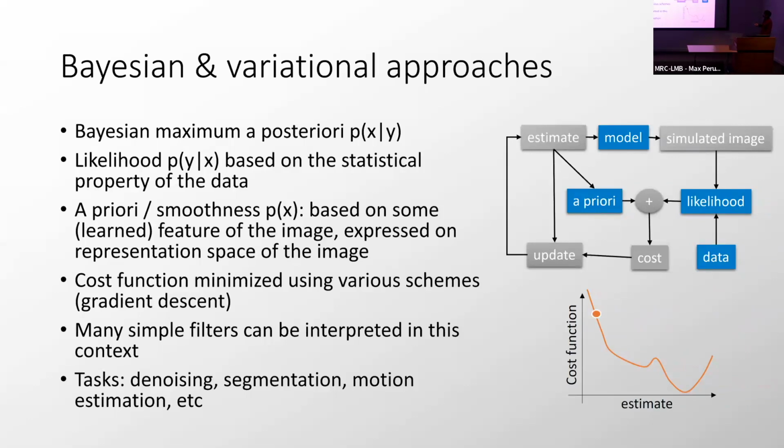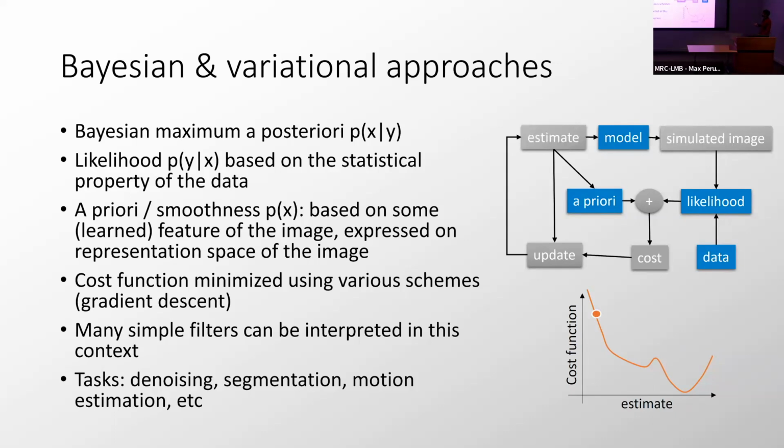The maximum a posteriori is based on the likelihood, so the probability of observing the data knowing the estimate, and an a priori, so some smoothness that you give, or some other information. The smoothness is a typical thing, which is here.